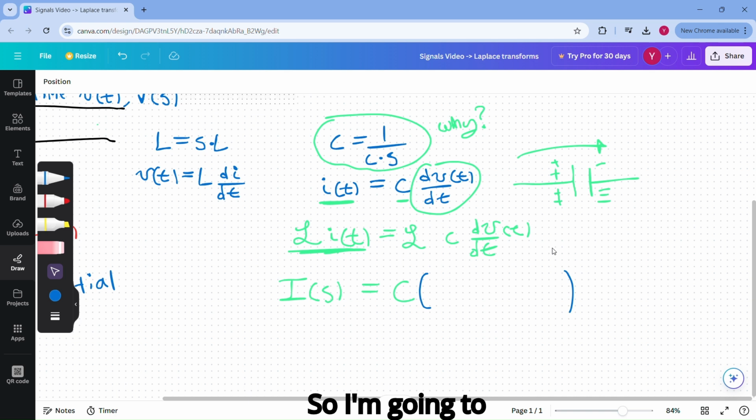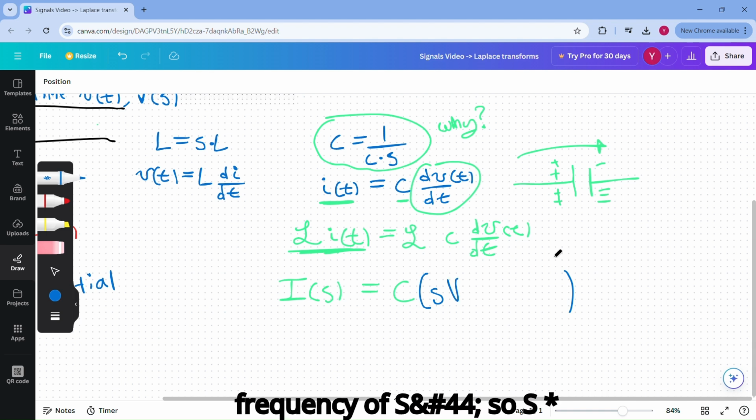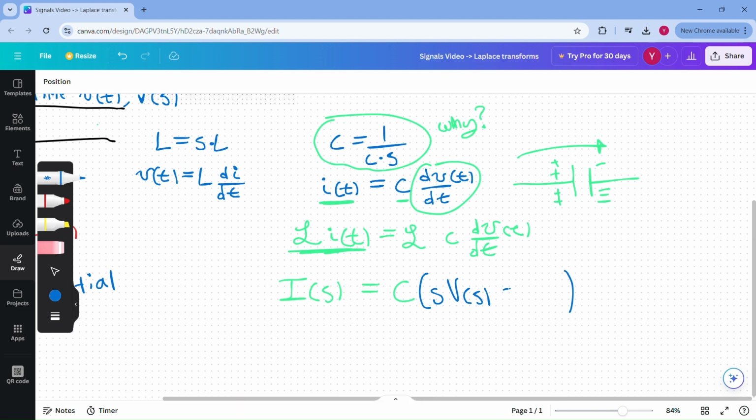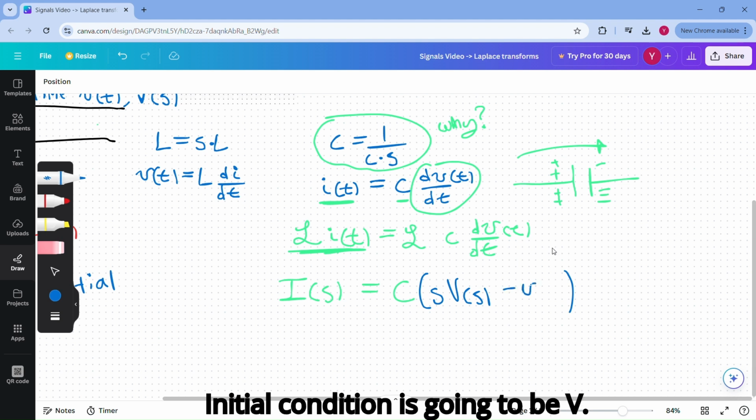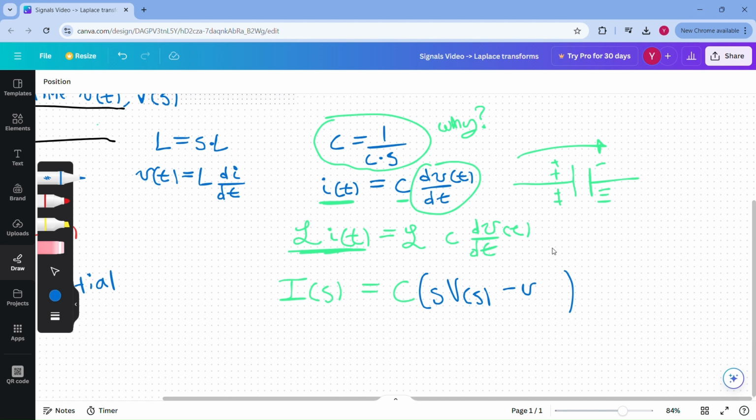So I'm going to have S times the function in the frequency domain, so S times V of S, and then minus that initial condition. The initial condition is going to be V of 0 minus.